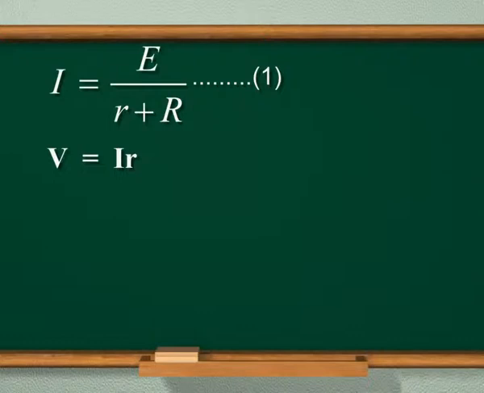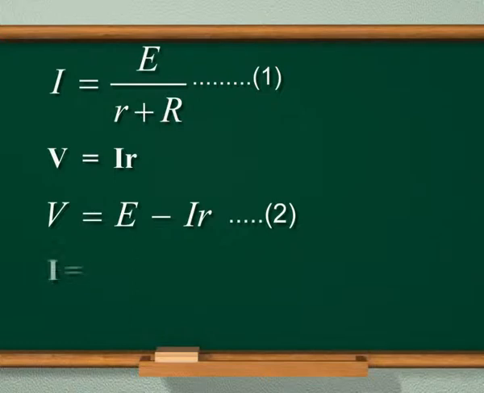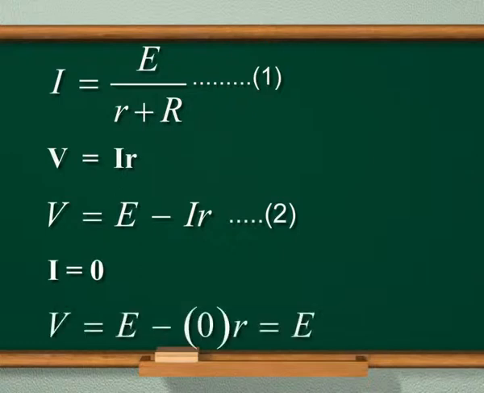According to definition of terminal potential difference, V is equal to E minus Ir. This is equation 2. Hence, if I is equal to 0, then V is equal to E minus 0 into r, or equal to E.